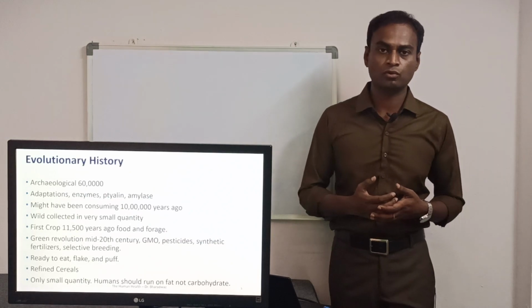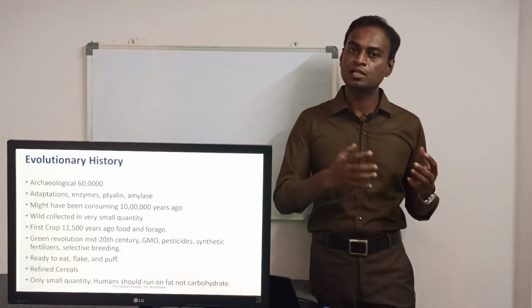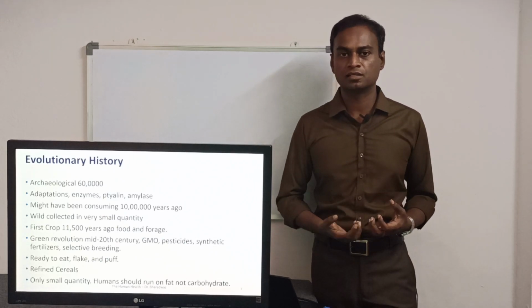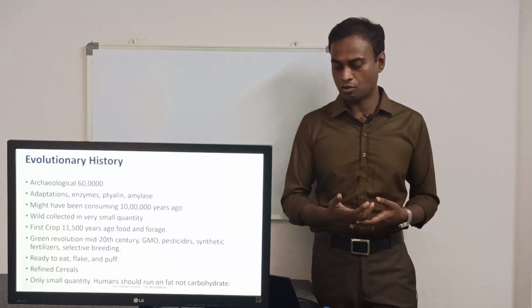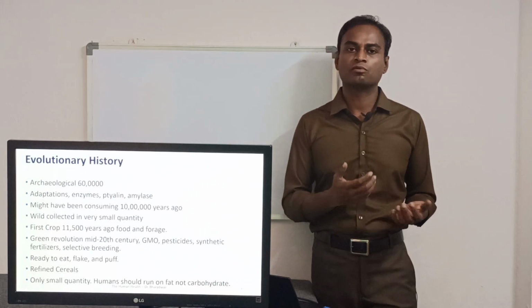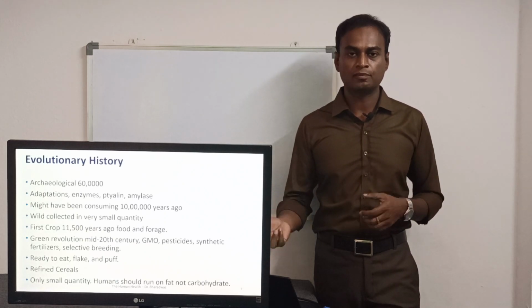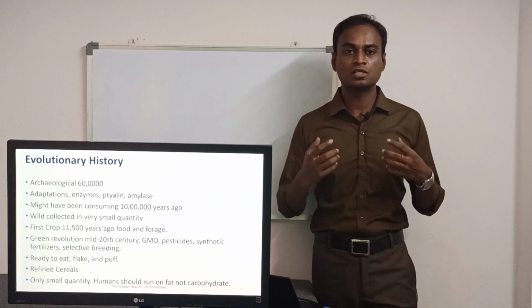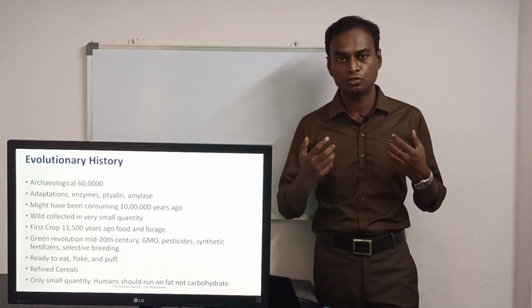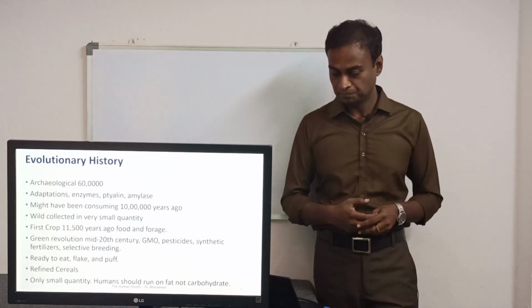Way before 11,500 years ago, in various parts of the world, humans independently started making crops of these cereals for both human consumption and also for consumption of domestic animals, in the form of forage. So cereal is the first crop developed by human beings 11,500 years ago, independently throughout the world.